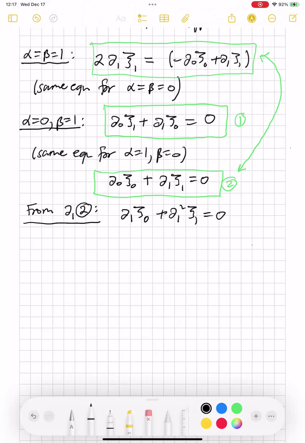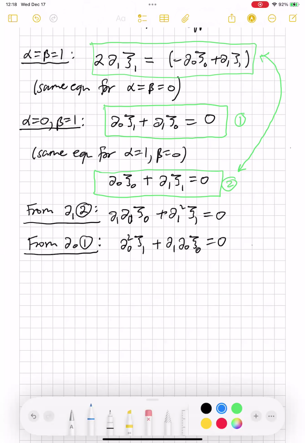And then from d naught of equation 1, d naught on equation 1 tells us that d naught squared zeta 1 plus d1 d naught zeta naught is equal to naught.